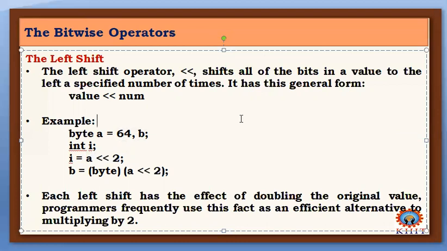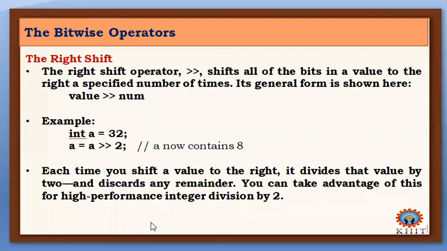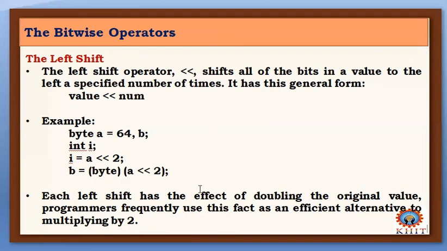That means 2 times I am shifting. If you perform a left shift operation, for every shift the value is multiplied by 2. If you perform a right shift operation, it is divided by 2.